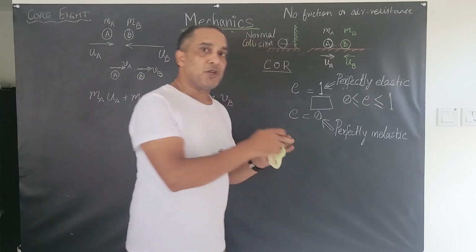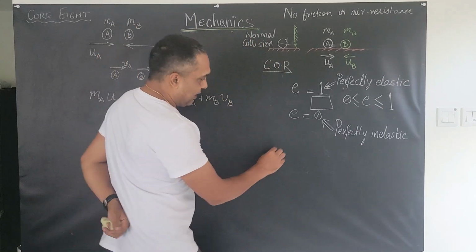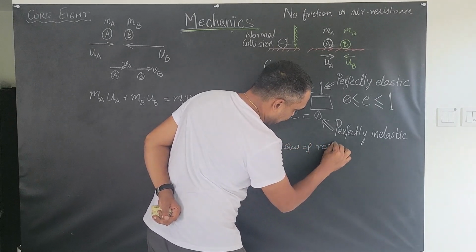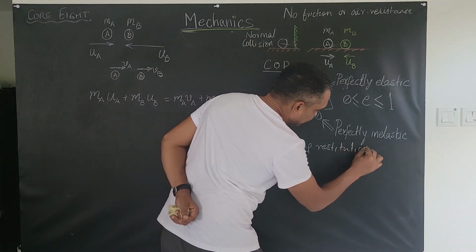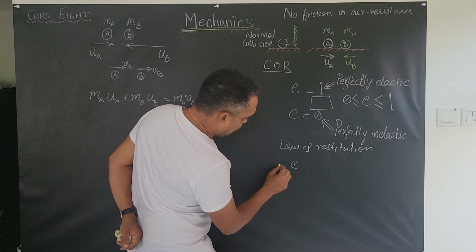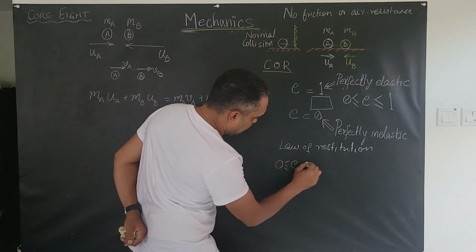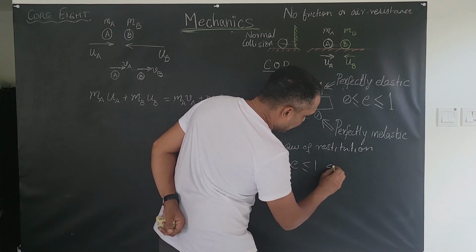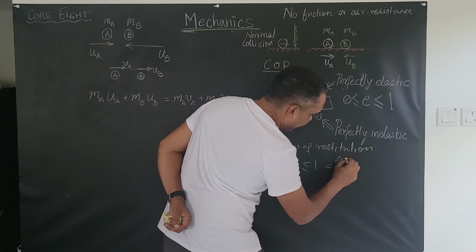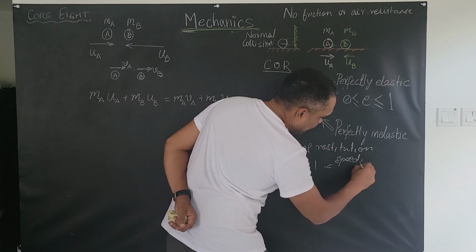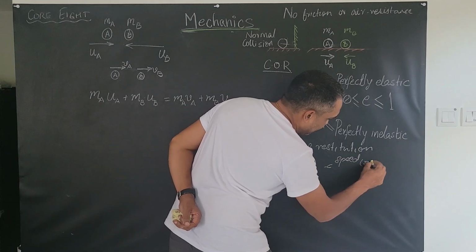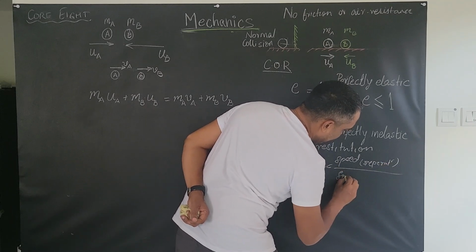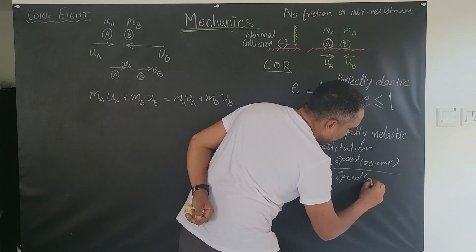The equation of restitution, or another term that I might have missed out, the law of restitution, which states that E is equal to the speed of rebound or separation, speed of separation, divided by speed of approach.